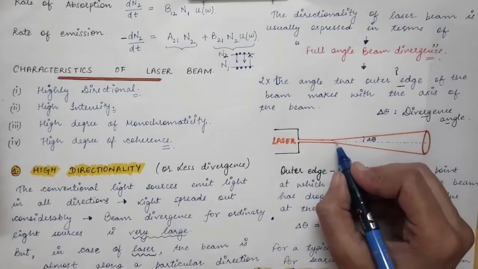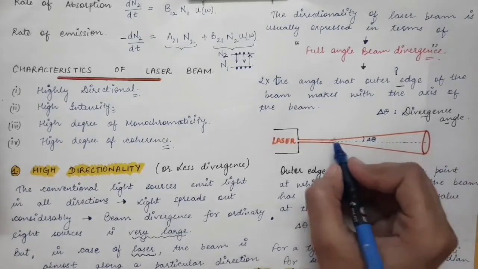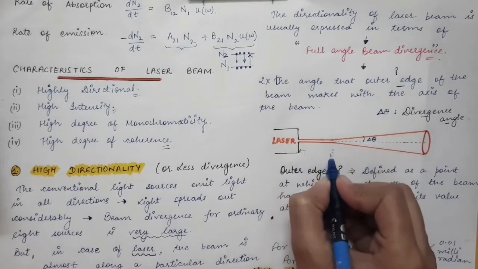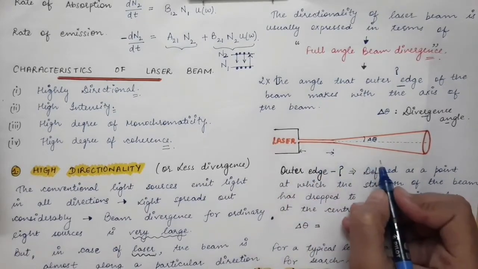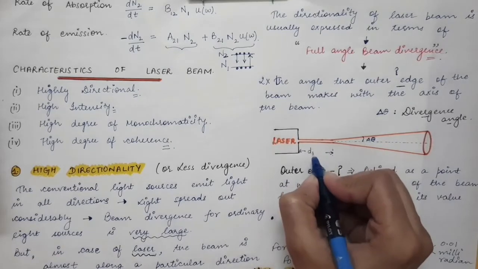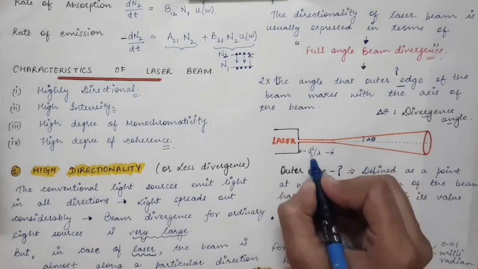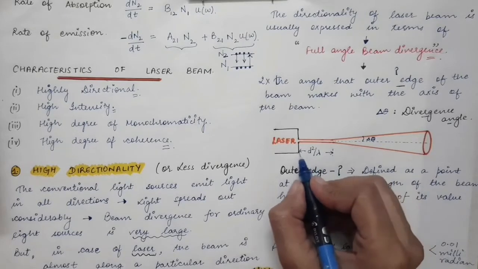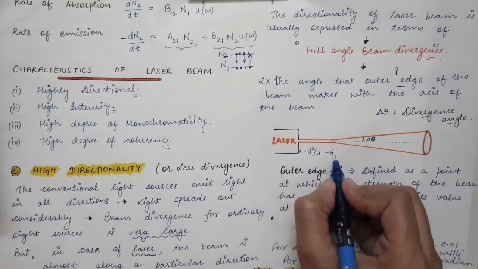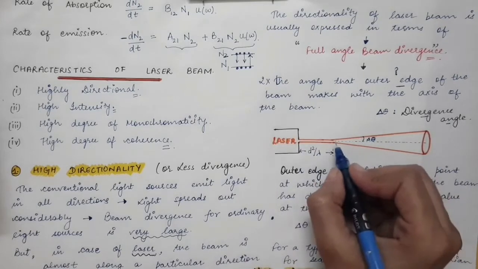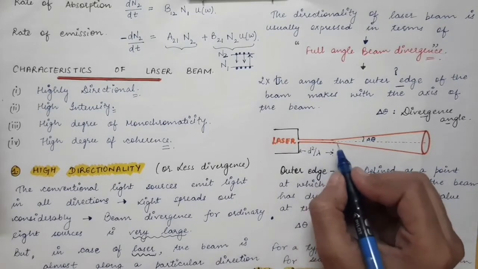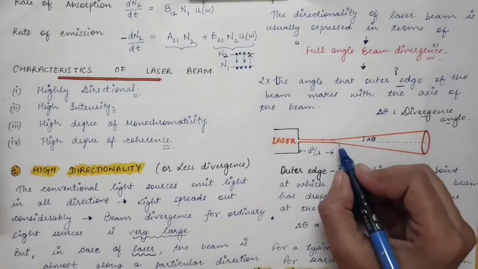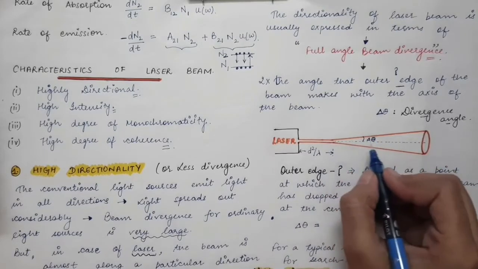Now the light from a laser diverges. It has zero divergence for some particular length, and this length is equal to d squared by lambda. Up to d squared by lambda, the laser light has zero divergence and the light rays go parallel to each other. But after this much distance, due to the unavoidable effects of diffraction, the laser light starts spreading.